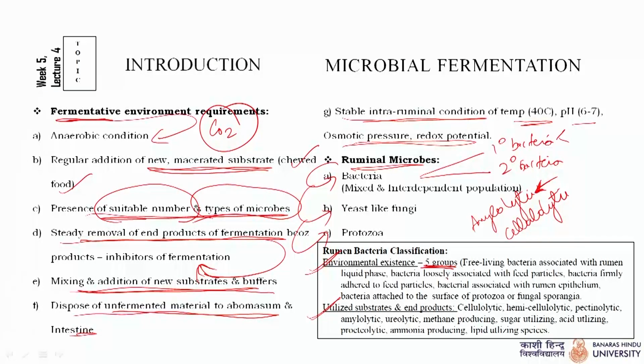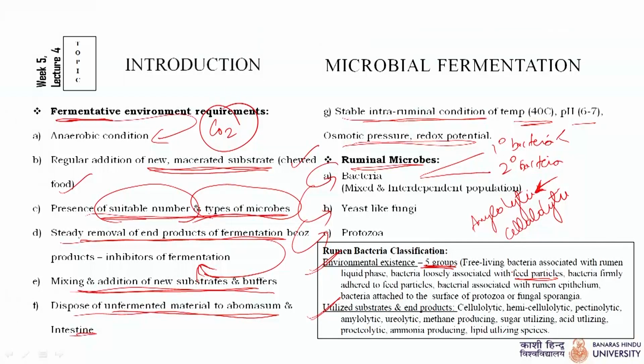First are the bacteria which are freely living, associated with the rumen liquid phase. There are different phases in the rumen, which we'll see in the next slide. So in the liquid phase, these are the bacteria which are freely living. Next are the bacteria loosely associated with the feed particles.